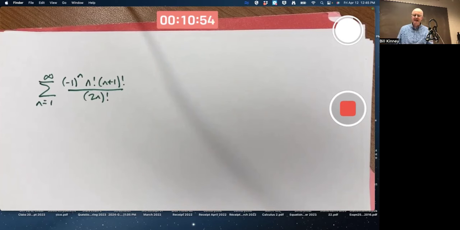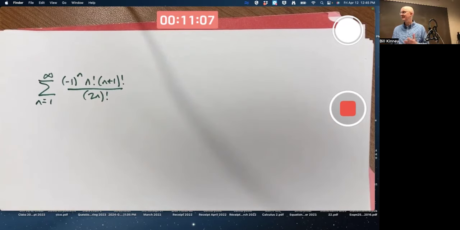Now, once again, when you're not told what to do, the first thing you typically want to do is think about, do the terms go to 0 or not? It's not so clear here. Both the numerator and the denominator, if I ignore the -1 to the n power, are getting large very rapidly as n gets large, right?